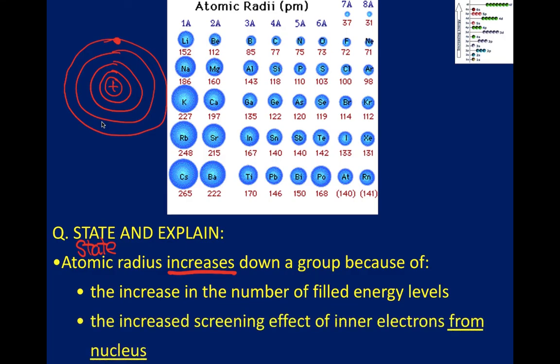And what we also have is an increased screening effect. So what does that mean? This is my positively charged nucleus. For the nucleus to affect this electron out here, there are 1, 2, 3 barriers between it, and that's called your screening effect.